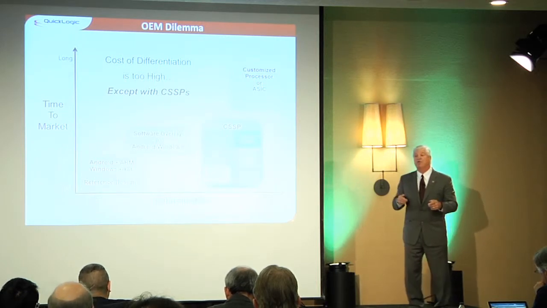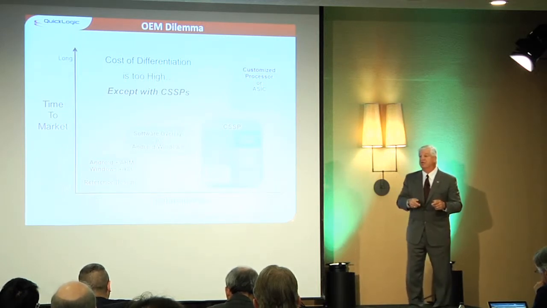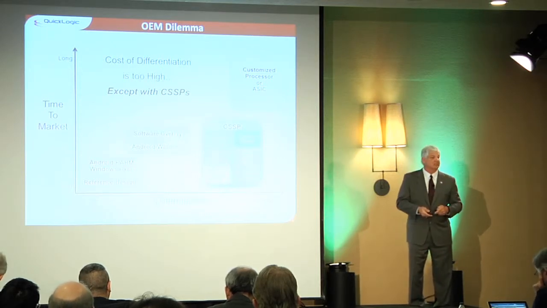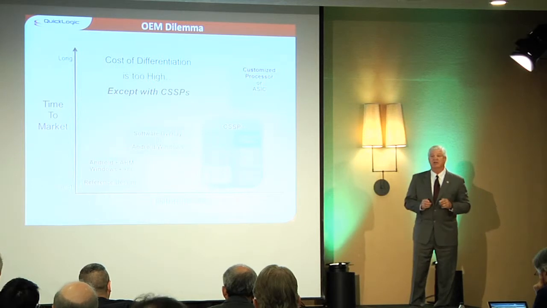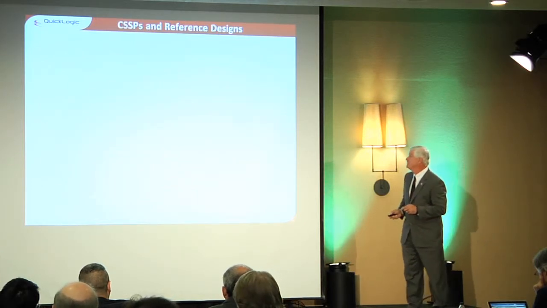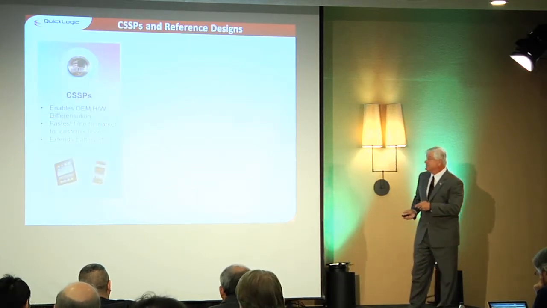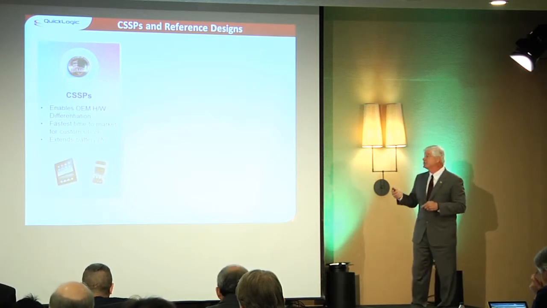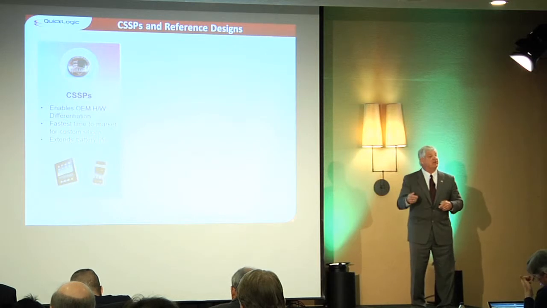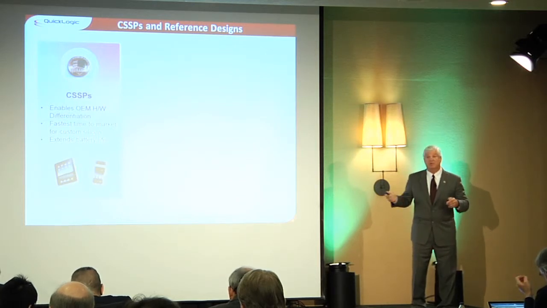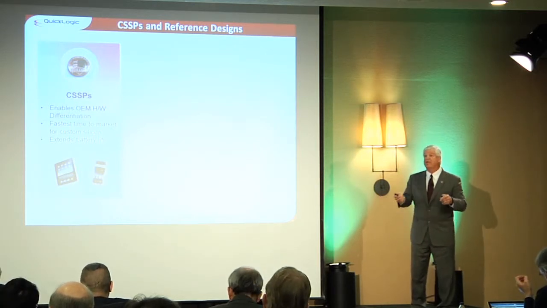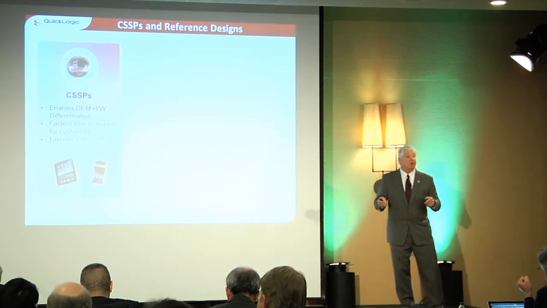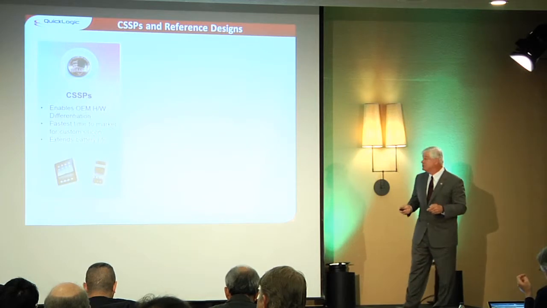So we will always go on site with our customer to make sure that this CSSP works inside their system. Very different model from an FPGA. So that's what a CSSP is. It enables OEM hardware differentiation. It gives them very fast time to market, because actually we can do this programming, depending on how many blocks we're putting in our silicon, in weeks or months instead of years.